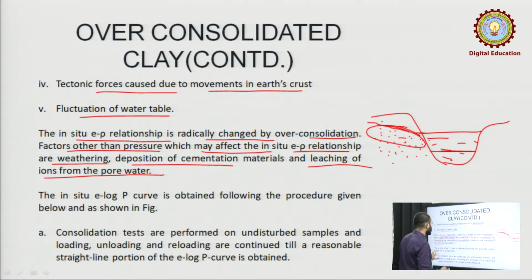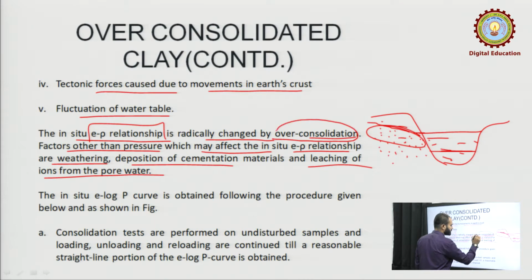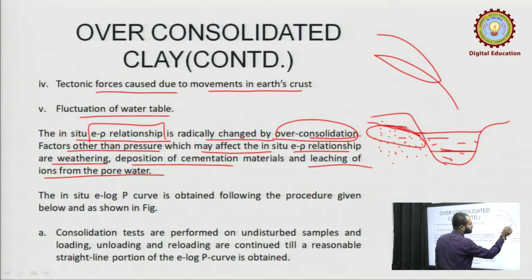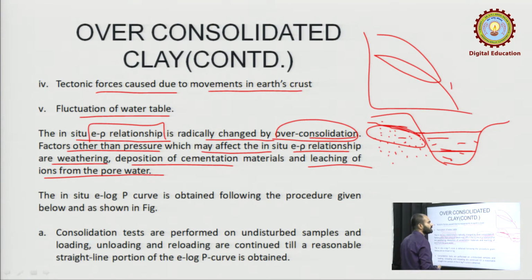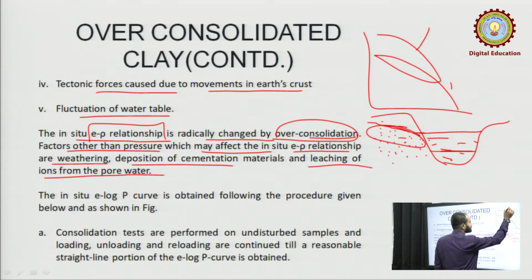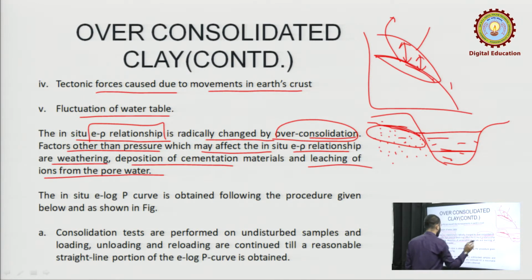Just remember that the e-p relation is also changed due to over consolidation, meaning the graph which was like this will also undergo a considerable change, because this was a virgin curve and this was a recompression curve. So, you can see the difference here. This is what we are talking about. The in situ e log p curve is obtained using the following procedure.